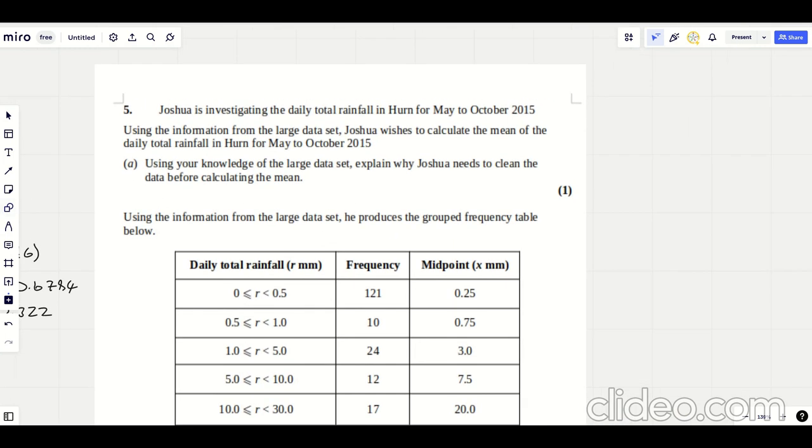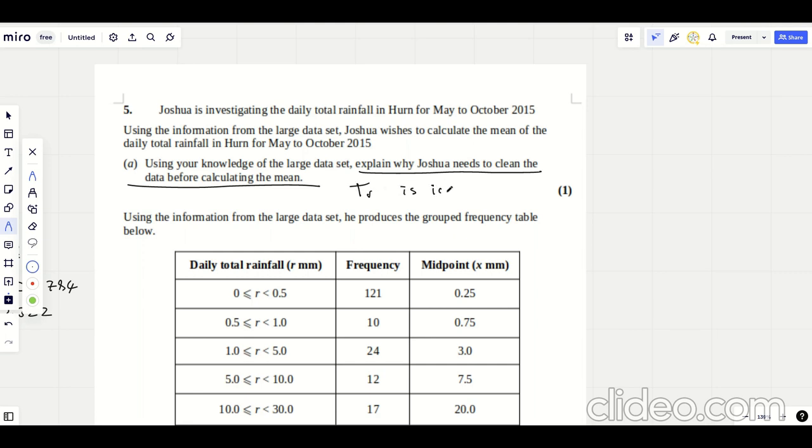Right. Using your knowledge, he's investigating the total rainfall in May. Okay, yeah, this is total rainfall. You've got to remember, in the total rainfall column, they've got trace amounts, yeah? And so this is why he needs to clean the data, because there's some entries in the data set which just say TR.